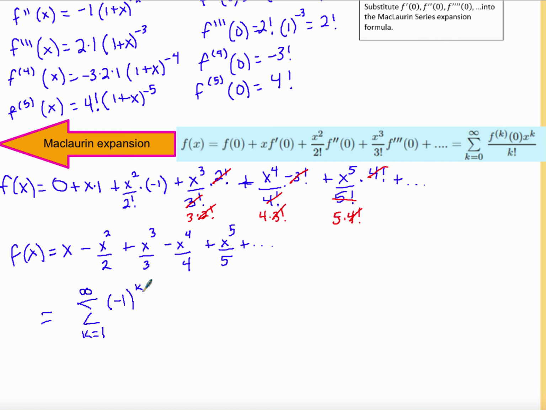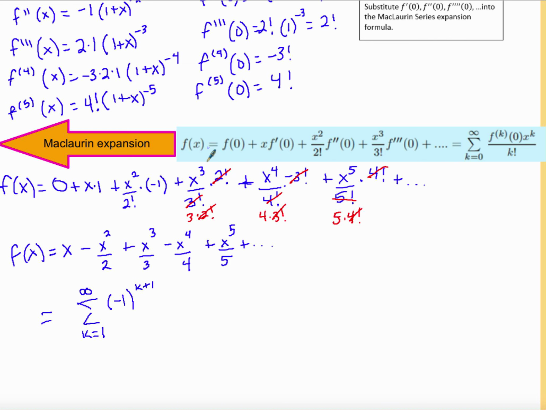So I'm going to use k plus 1. This will say if k is equal to 1, then 1 plus 1 is 2. Negative 1 squared is a positive. So I'm leading with the positive, and that's going to continue to generate the change in sign every other one. So I feel like that's pretty good.